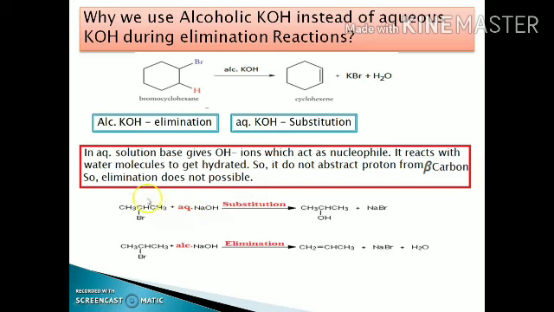It means if the alkyl halides are treated with aqueous NaOH or aqueous basic solutions, it leads to substitution reactions and alcohol will form as a major product. But if you treat the alkyl halide with alcoholic sodium hydroxide or any other basic solution, it leads to the elimination reaction and gives alkene as a major product.